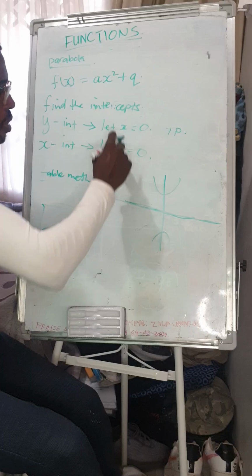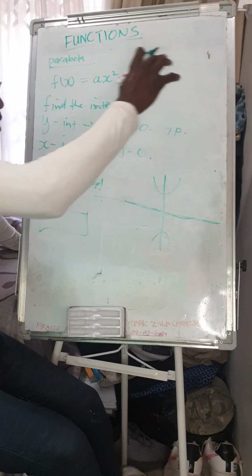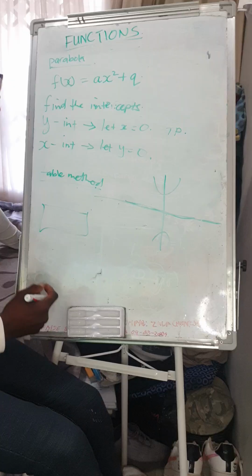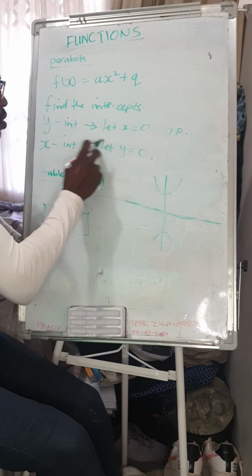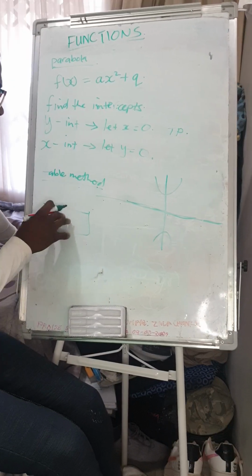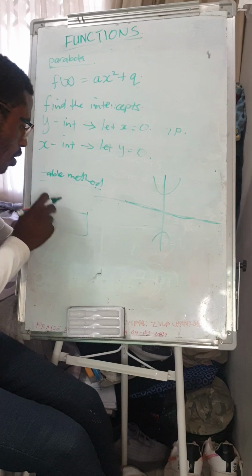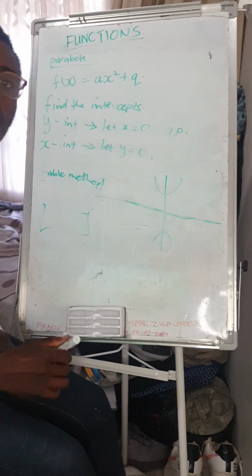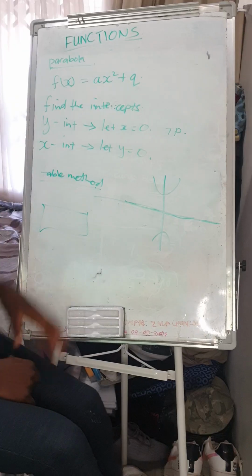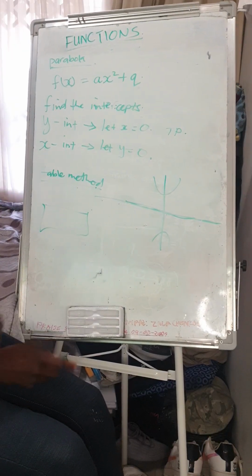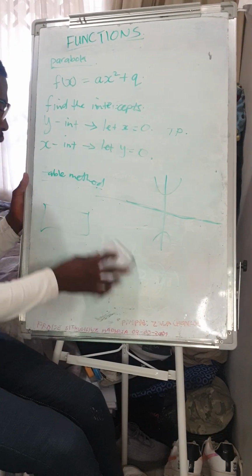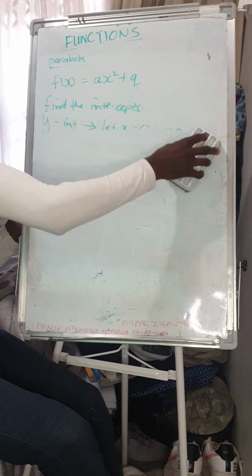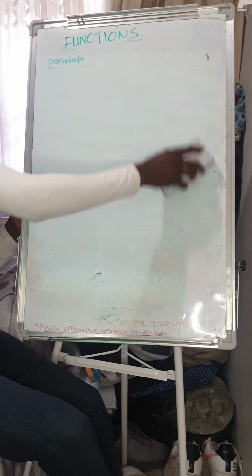Put them, dot them, and then join: TP, join, and all the points. We are done. And if this one does not have values of x, you come to the table method and use the values on the table. TP, and so on, and then you are warm and dry. That is the parabola. This is the sketching, remember. How do we find the equation of a parabola now?